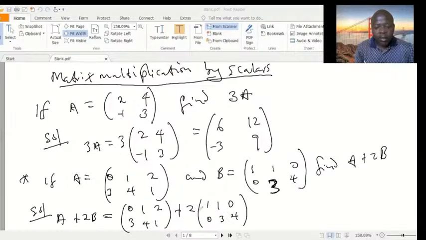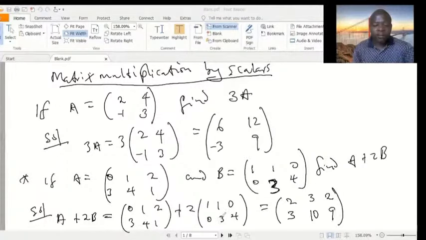So just multiply the 2 by the whole of this, and then add it to this. When you do that, you get 0 plus 2, which is 2. 1 plus 2 is 3, and 6 plus 4 will be 10. 2 times 4 will be 8, and 8 plus 1 will be 9. That's how we multiply matrices by scalars.